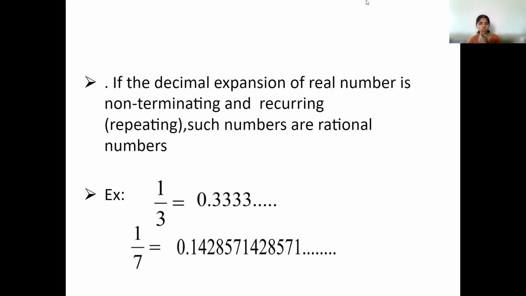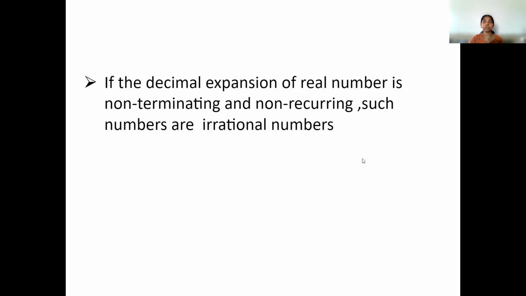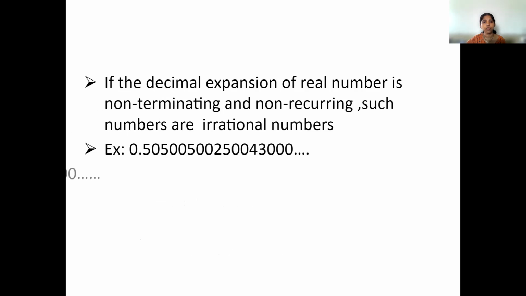But if these two cases don't happen, then such numbers are called irrational numbers. Non-terminating means it's not ending and it is not repeating also. For example, 0.505005000, it continues to 5004300. Other examples are root 2, root 3, 1.1731. It goes on in that way. So all these are irrational numbers.